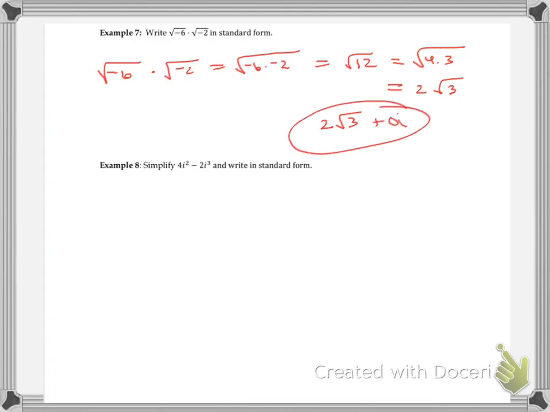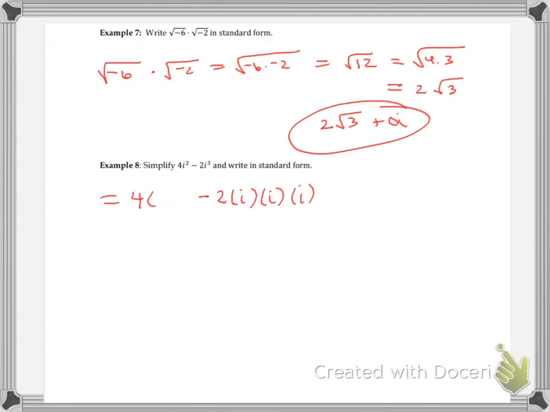Okay, let's look at 8. Simplify 4i squared minus 2i cubed and write in standard form. So 4i squared, that's 4 times negative 1. And when it comes to the i cubed, think about what the exponent means. It's repeated multiplication, so i cubed is really i times i times i.